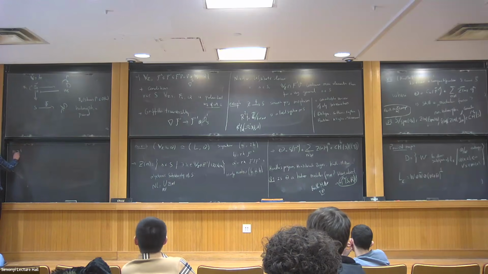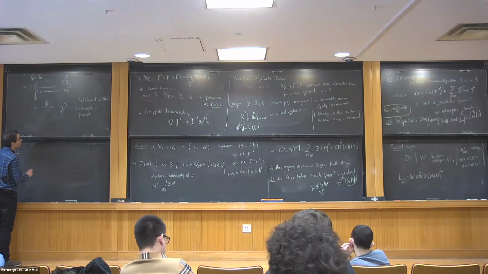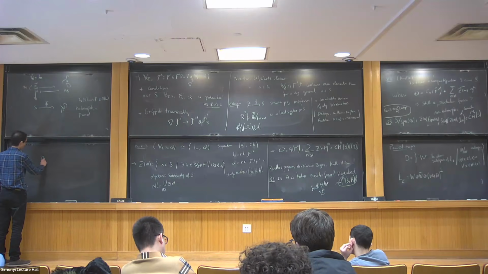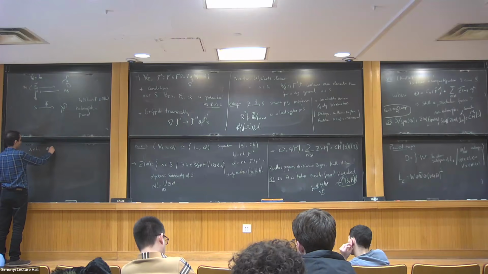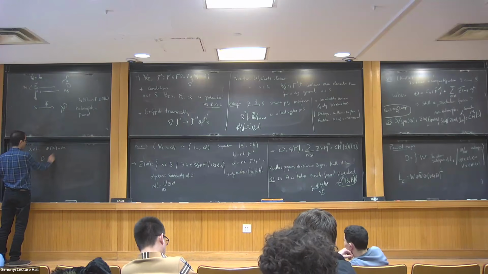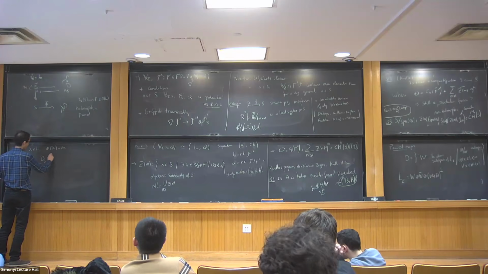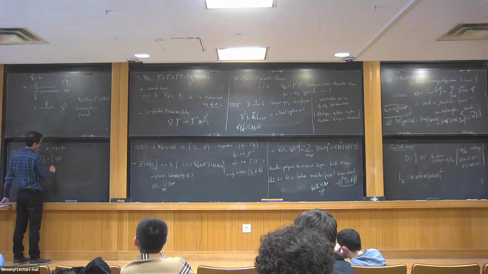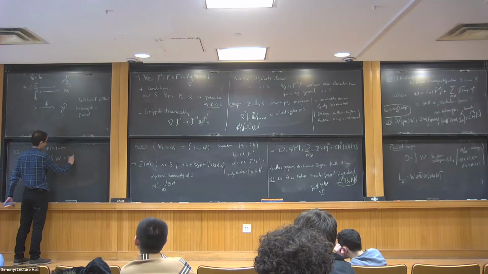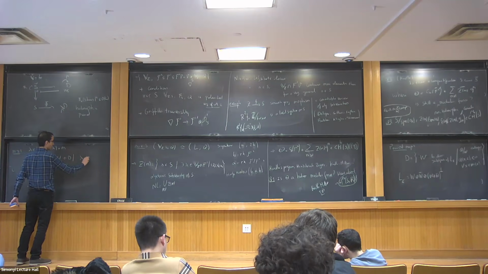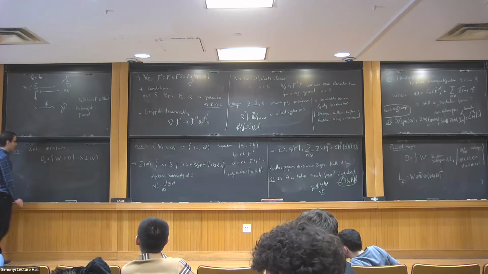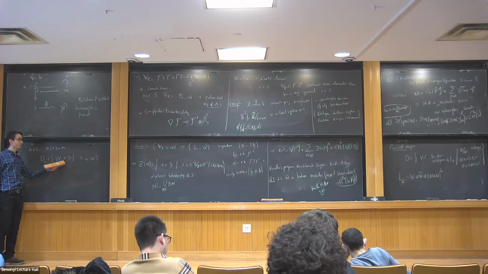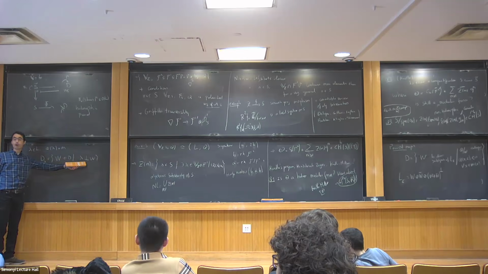For any n bigger than 1, if you have an element lambda in N whose value by Q is n, I can look at D lambda, which is the set of Hodge structures W in D such that lambda is orthogonal to W. So these are exactly the subset of Hodge structures where lambda is a Hodge class, right?